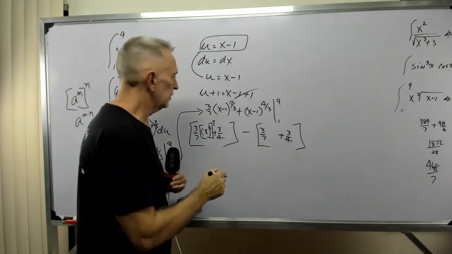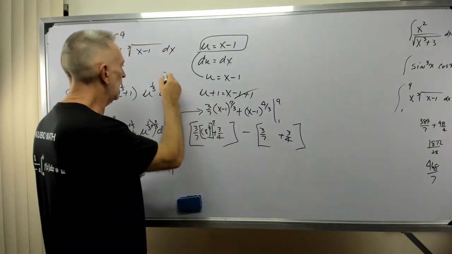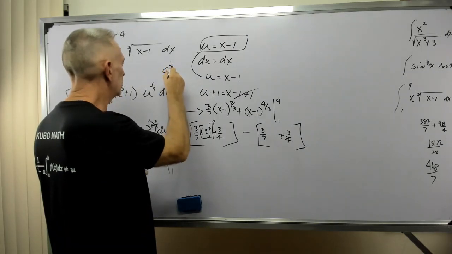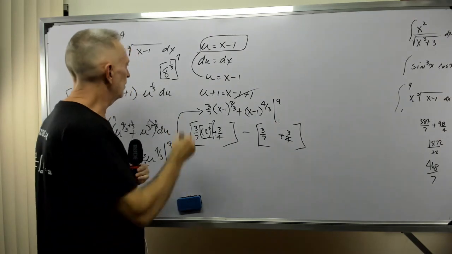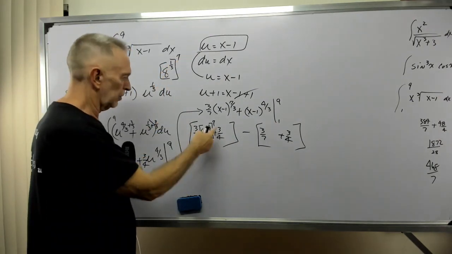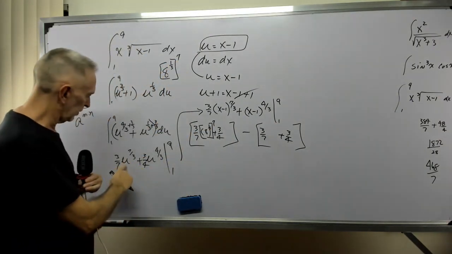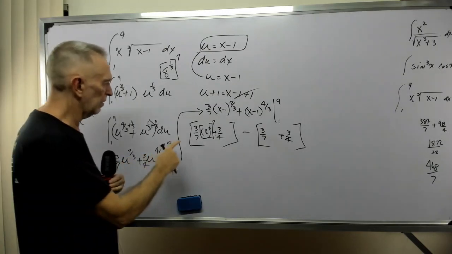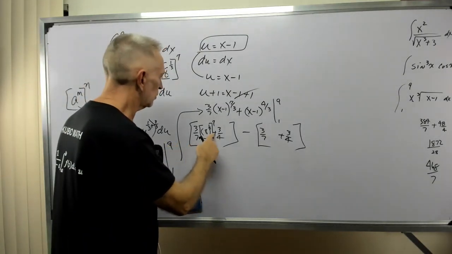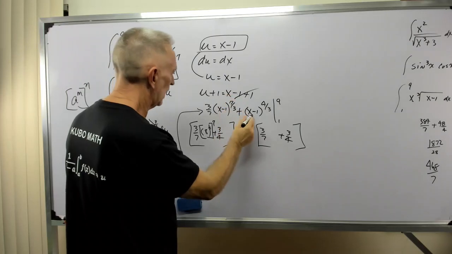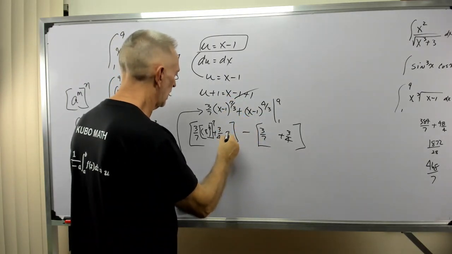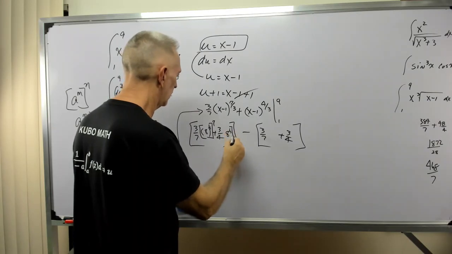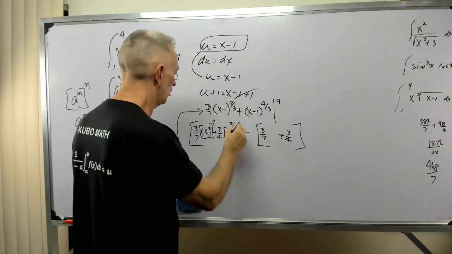All right, so having said that, I'm going to take that 8 and raise it to the 1/3 power and raise that to the 7, which is 8 to the 7/3, which is what I have here. You know, u to the 7/3 power. Okay, that's going to be plus 9 minus 1, which is 8. So I'm going to have 8 to the 1/3 raised to the 4th power.